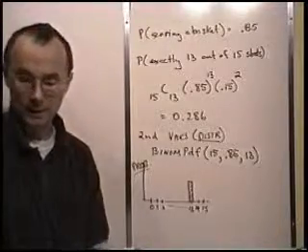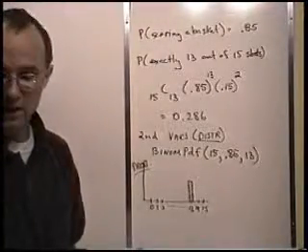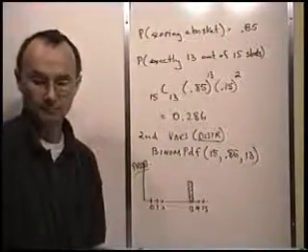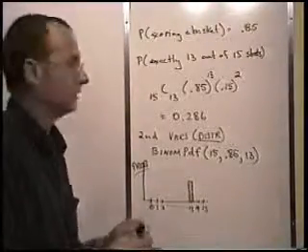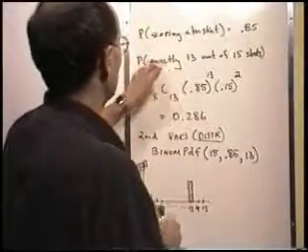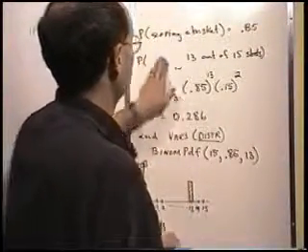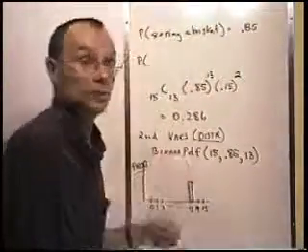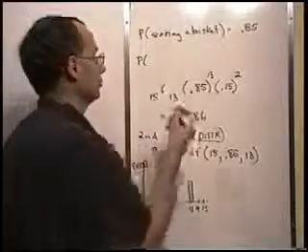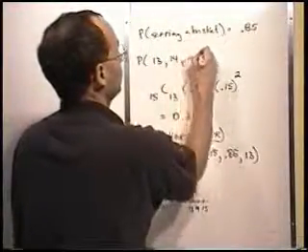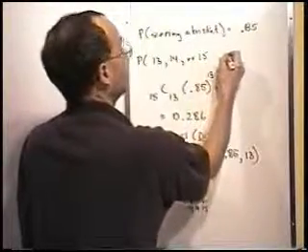Okay. Now suppose we change our question around a little bit, and maybe we want, let's say, scoring a basket. Same thing, only this time we want that he scores not exactly 13 out of 15, but say that he scores 13 or 14 or 15 out of the 15.